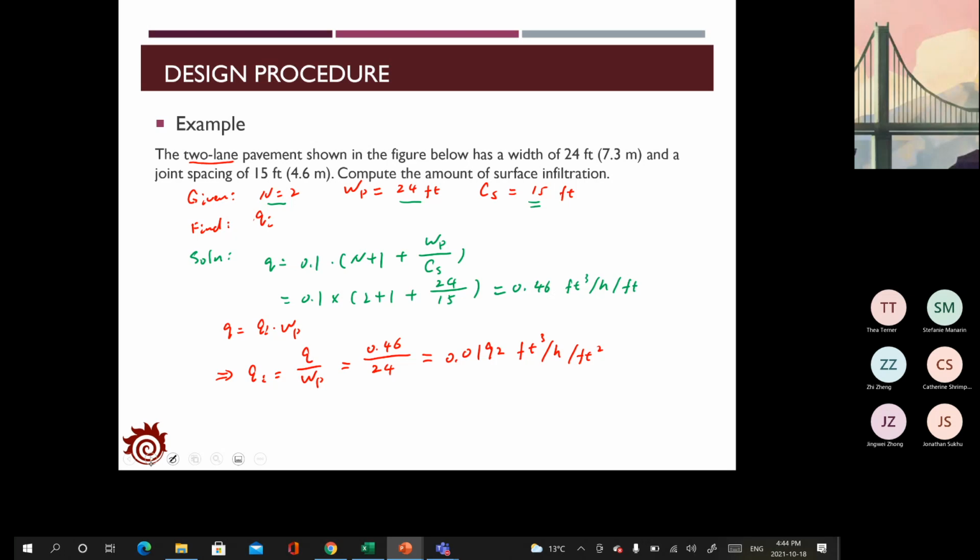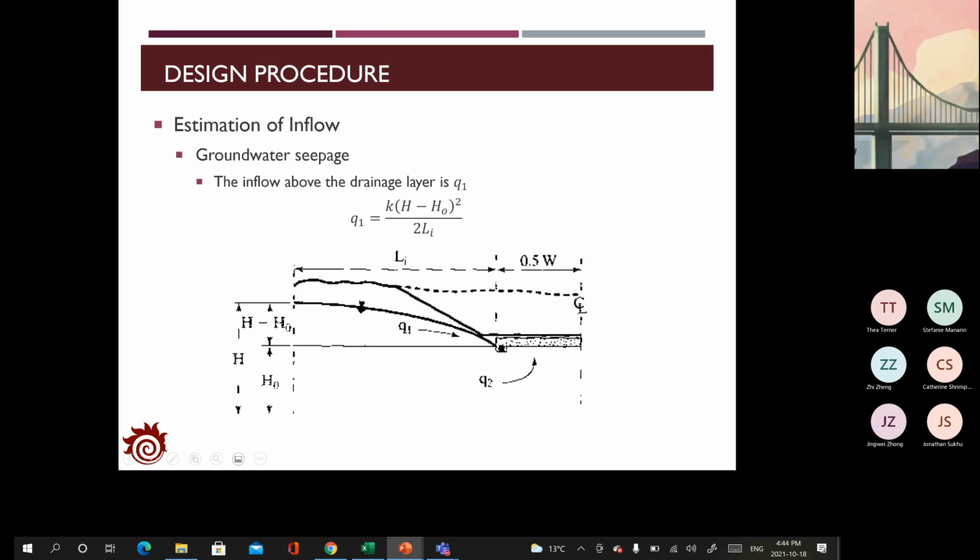And the second one we have to consider is the groundwater seepage. So this is usually caused by the water entering from the groundwater table, and we also have a very simple equation to calculate the inflow from the groundwater table.